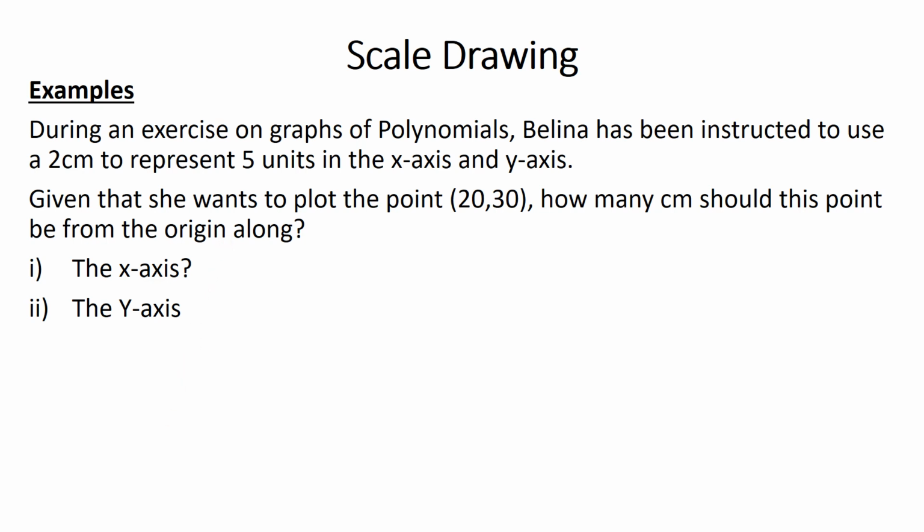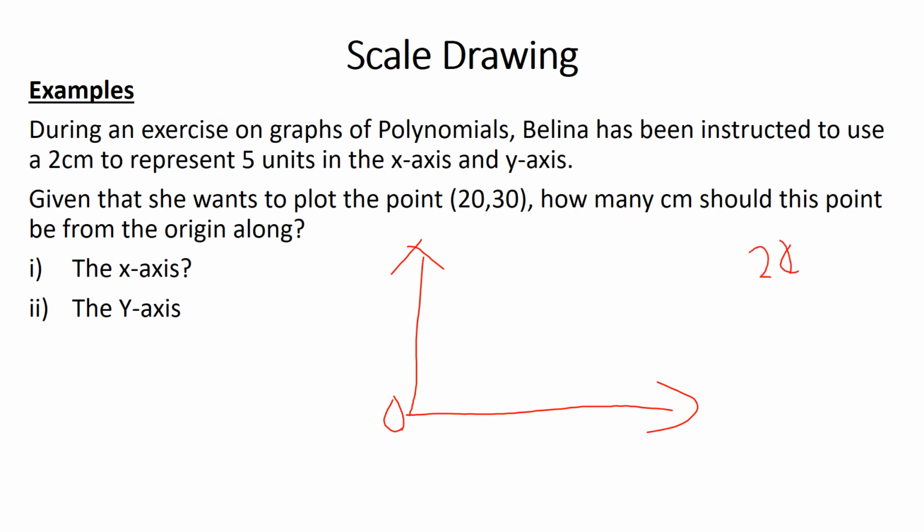Let me just get my pen. So I've gotten my pen. So this is a graph. Here it's the origin (0, 0). Now she wants to know where 20 is going to be.